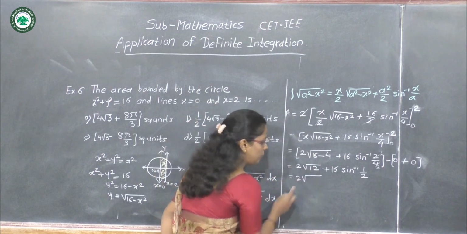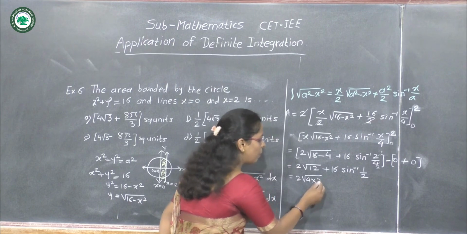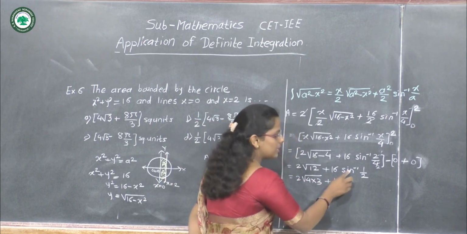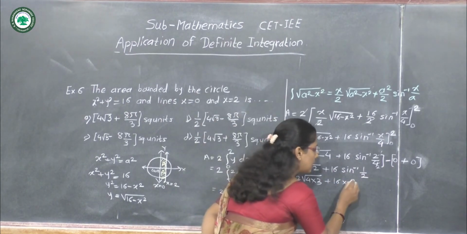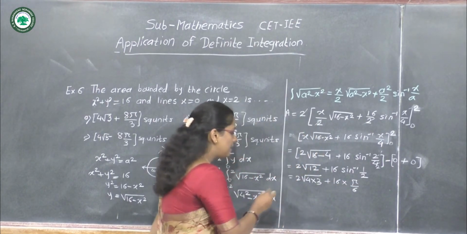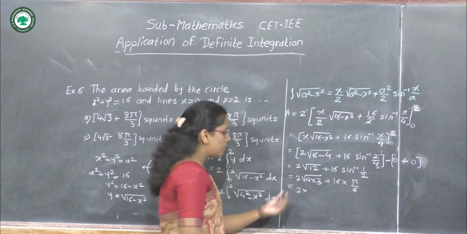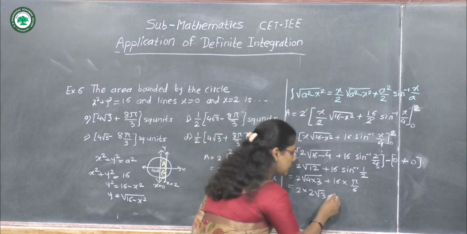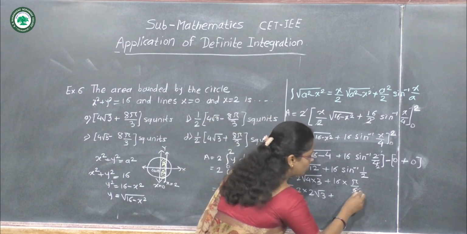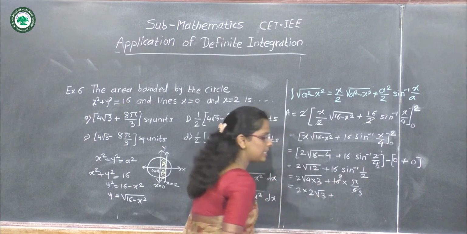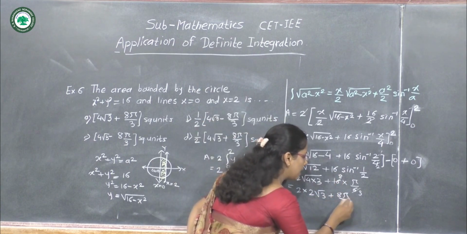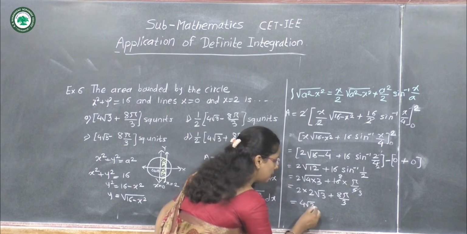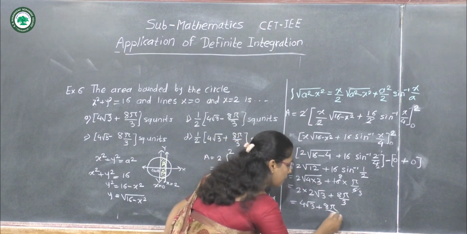2 square root of 12 can be written as square root of 4 into 3, plus 16 into sin inverse 1 upon 2 is pi upon 6. Now 2 into square root of 4 is 2 and root 3, plus 16 upon 6, 2 8s are 16, becomes 8 pi upon 3. 2 into 2 is 4 root 3 plus 8 pi upon 3.